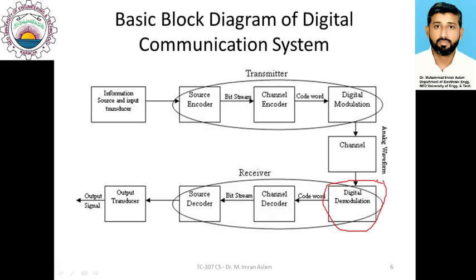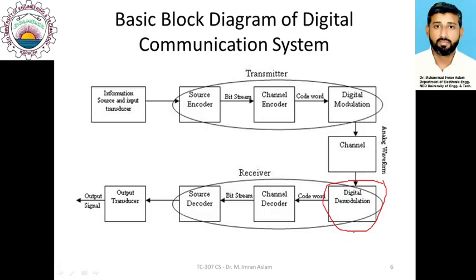So that distorted version of the original information is received at the receiver side. The receiver tries to compare that received signal with the original waveforms, and make a decision on what waveform was transmitted from the transmitter side.